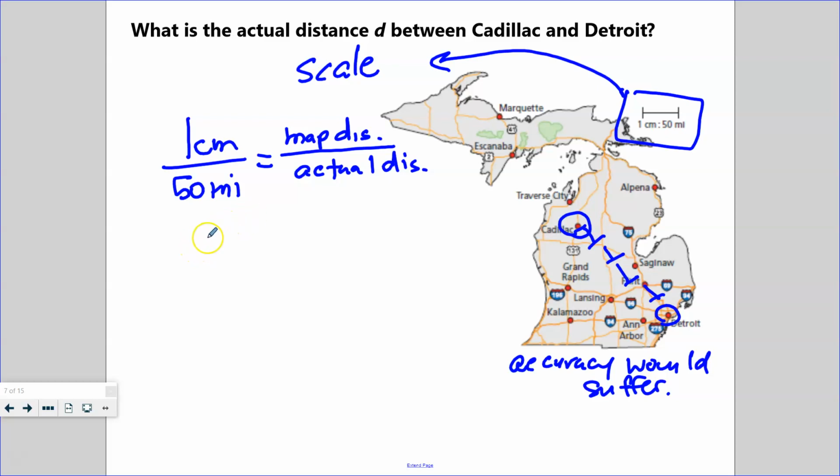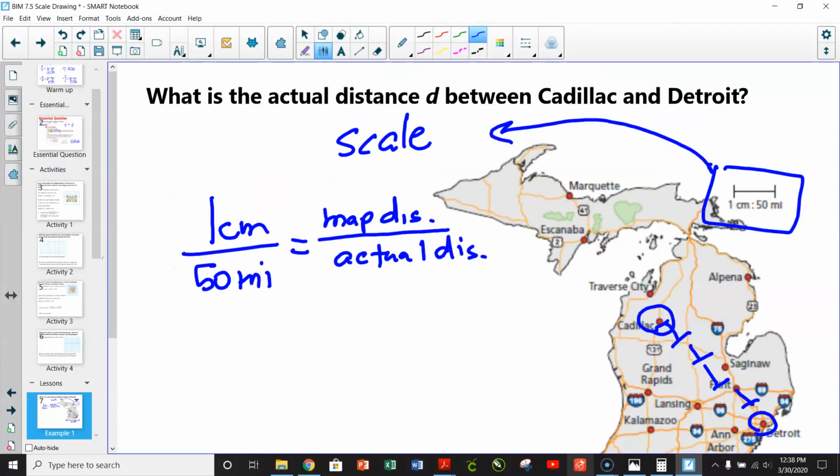Now, where do I find my map distance? Well, you got to take out a ruler, okay? And so you're going to actually take out a ruler and you're going to measure how far it is from Cadillac to Detroit. Okay, so we need to measure this distance.